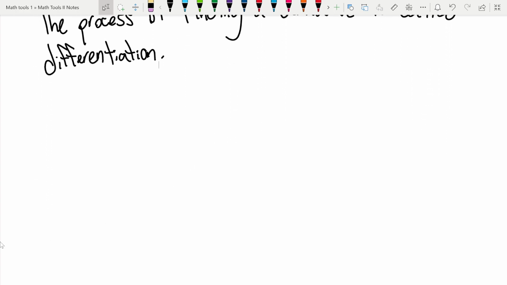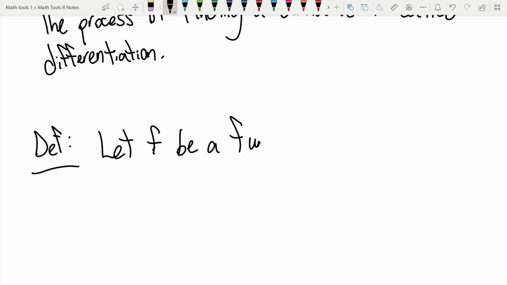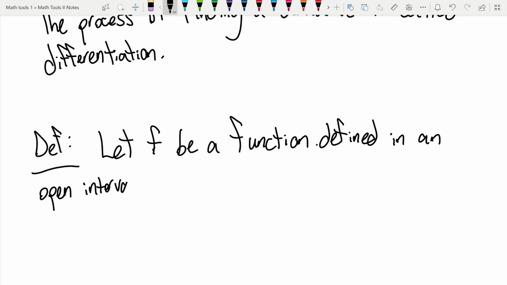So let's go ahead and write out the limit definition of the derivative first. This is how we would actually find the derivative. So let f be a function defined in an open interval containing a. You might recognize this as the opening of the definition of a limit.